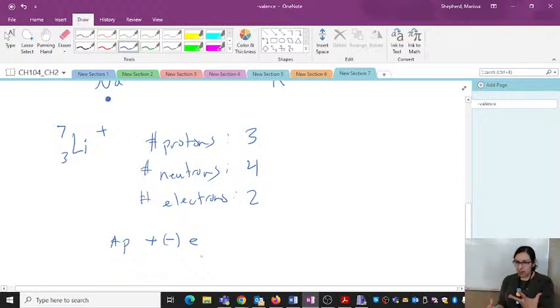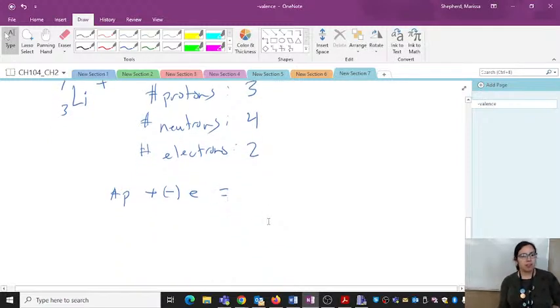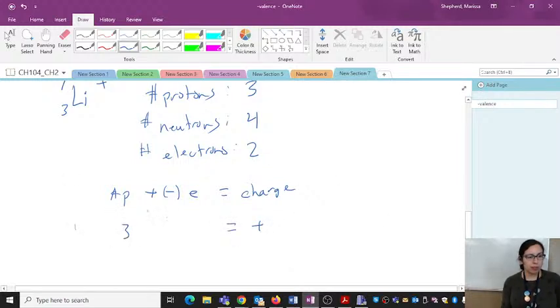Whichever way works. That should equal your total charge. Filling in the math formally, 3 minus our 2 electrons leaves us with a 1+ charge.